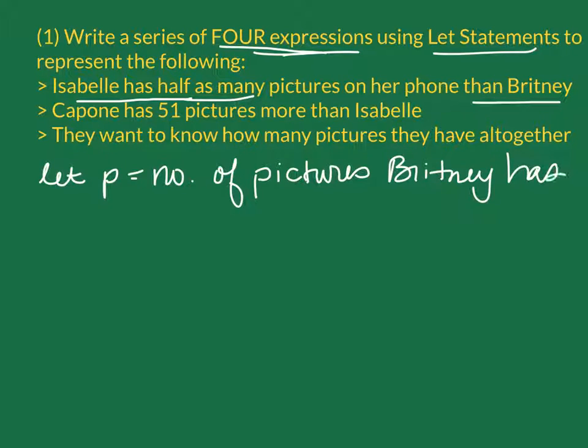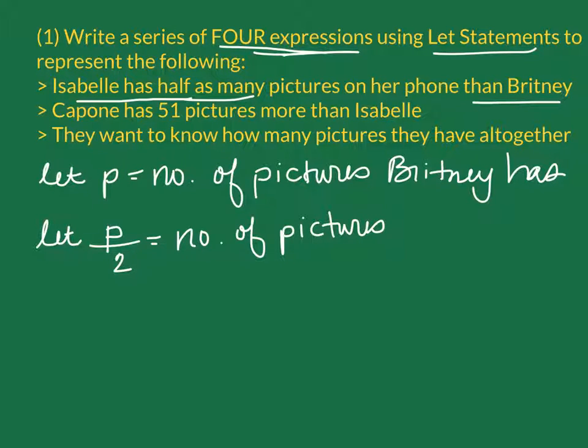And then it tells us Isabel has half as many of those. Well, half tells me to divide by 2. Can't forget we're in 7th grade. We need to write that like with that fraction bar, meaning division. So P divided by 2 equals the number of pictures that Isabel has.